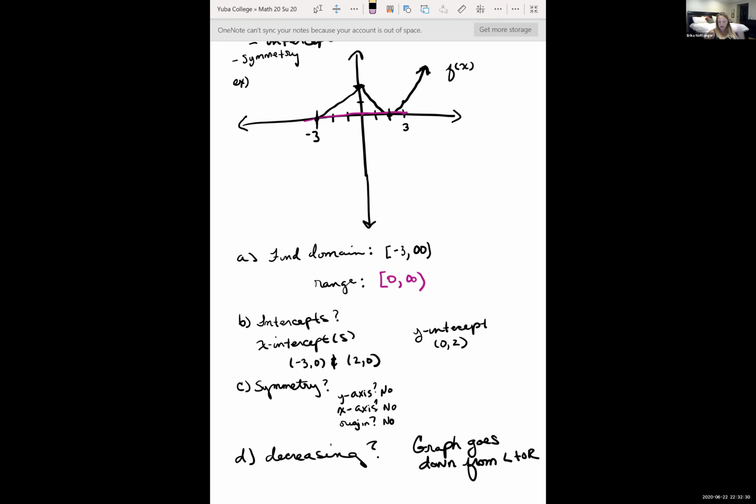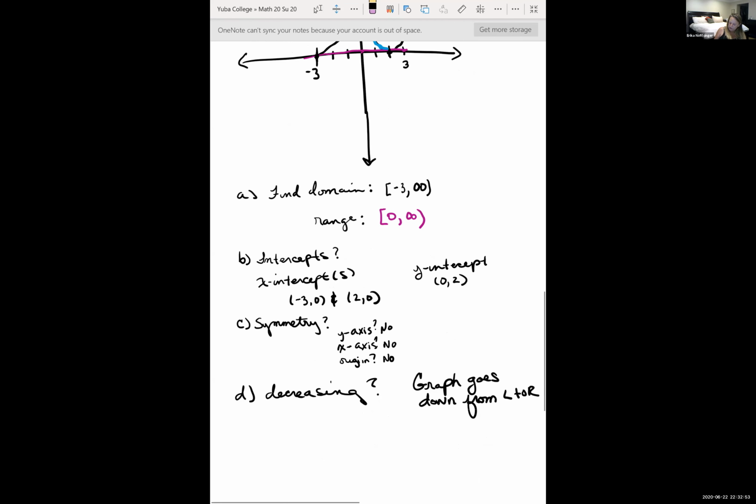Look at where, if you were walking on that, you'd be going uphill or downhill going from left to right. Well, first you'd be going uphill, and then when you hit x equals 0, that's where your graph is going to start decreasing. And so we're decreasing here until we hit this x value.